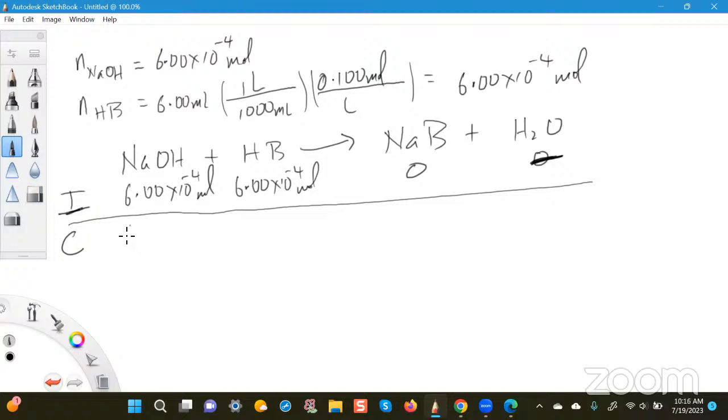Exactly. You're exactly right about that observation. They're the same amount. What that means, therefore, is that both of them are limiting. So would both of them get used up completely then? Exactly. So you're going to have minus 6.00 times 10 to the minus 4 moles here. Same thing here.